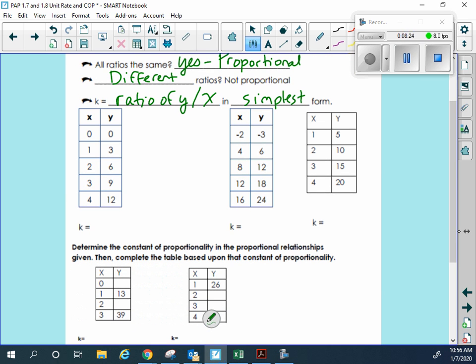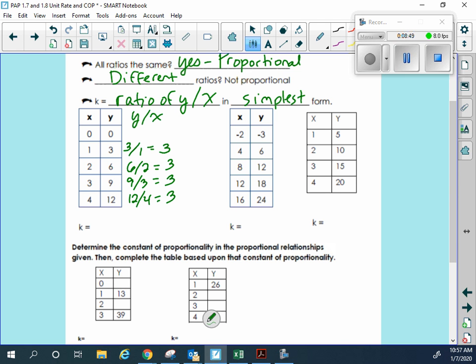All right, so we're going to ignore 0, 0 for now, because 0 over 0, we're ignoring that. And we're moving on to 3 over 1, which equals 3. Remember, we're writing it as Y over X. So this would be 6 over 2, which equals 3. 9 over 3 equals 3. 12 over 4 equals 3.